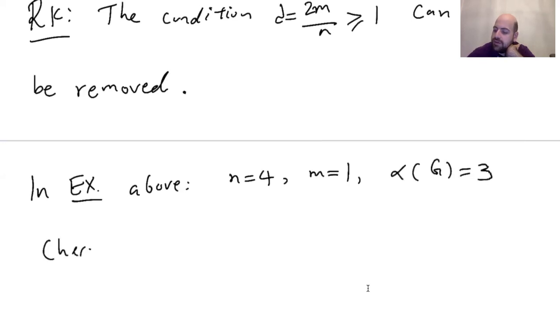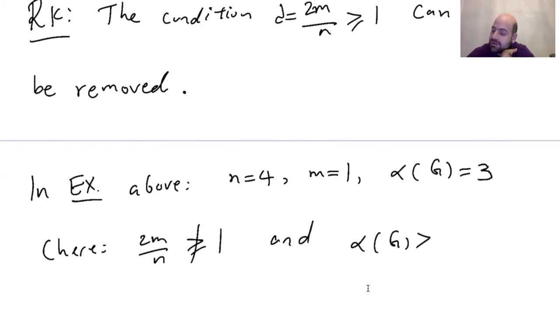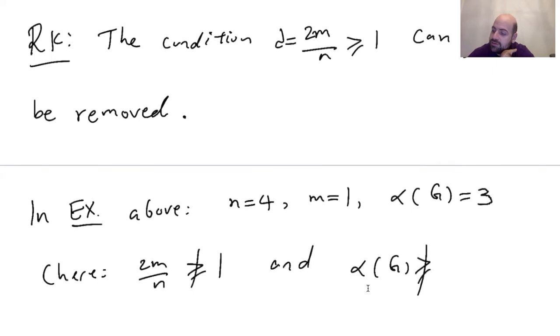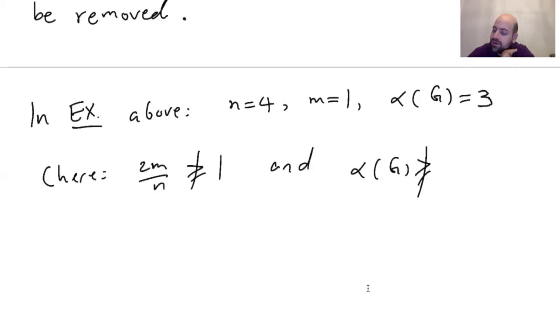So here 2m over n is not bigger than or equal to 1, and the theorem does not hold either. Alpha of G is not bigger than or equal to n squared over 4m. Why? Because n squared over 4m, if n is 4 and m is 1, would be 4, and 3 is not bigger than or equal to 4.